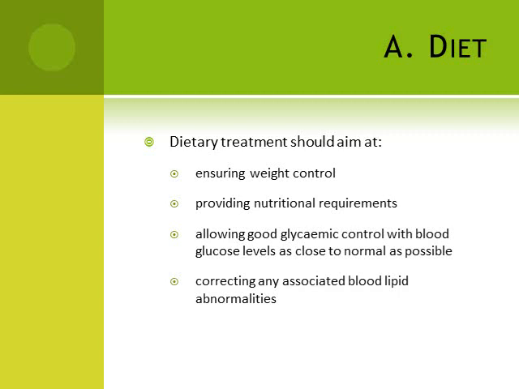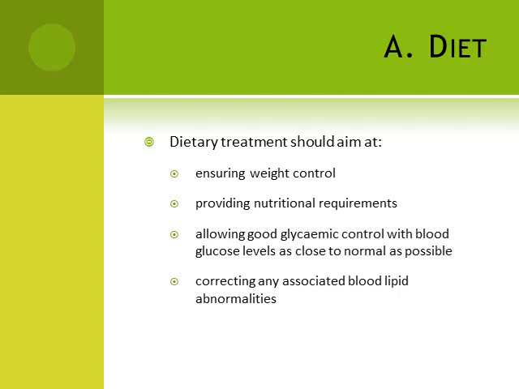Glycemic index, I can explain it in this manner: once you take a food and it increases blood glucose instantly, it has a high glycemic index, like glucose, sugar, and juices. But once you take a food that takes time to be absorbed and there is a gradual increase in blood glucose levels, it means that food is low in glycemic index.